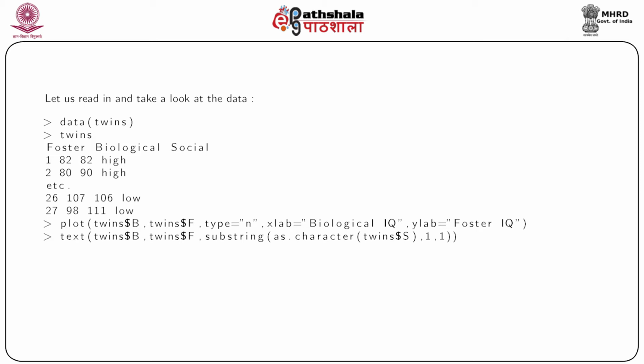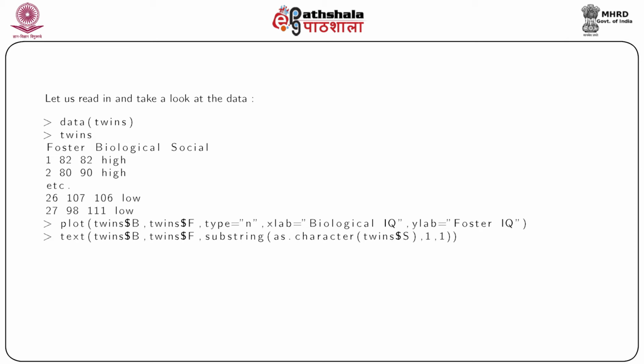The first two variables are the two covariates, the two IQs: the first is for the twin reared by the foster parents, and the second is for the child reared by the biological parents. And finally, the last is the factor, which is the social class of the biological parents.